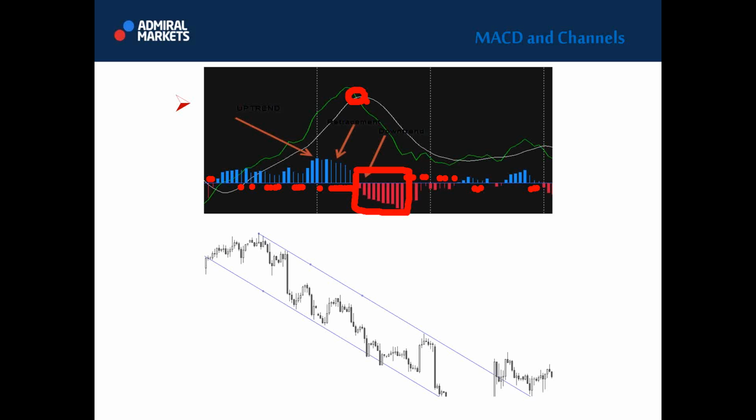It changes trend when the green line crosses below the white. When the green line crosses below the white line, it's then a downtrend. And momentum is when both of those lines are below the waterline. Then we say that we have waterline momentum in a downtrend. Retracement on MACD is defined by thin bars.